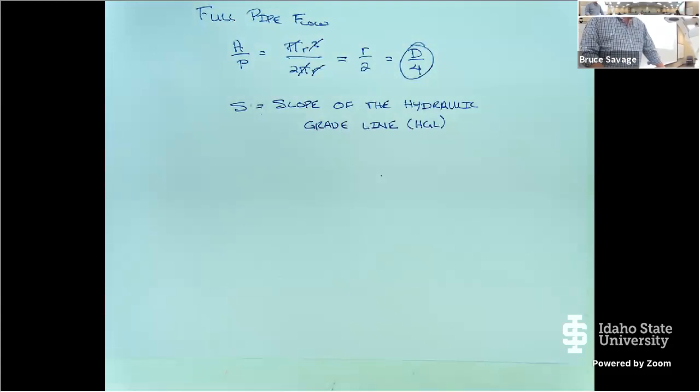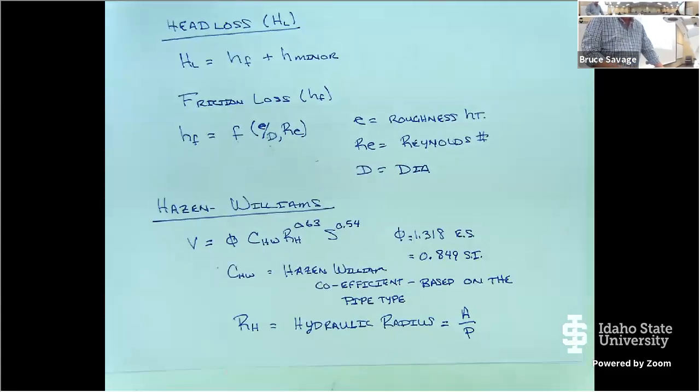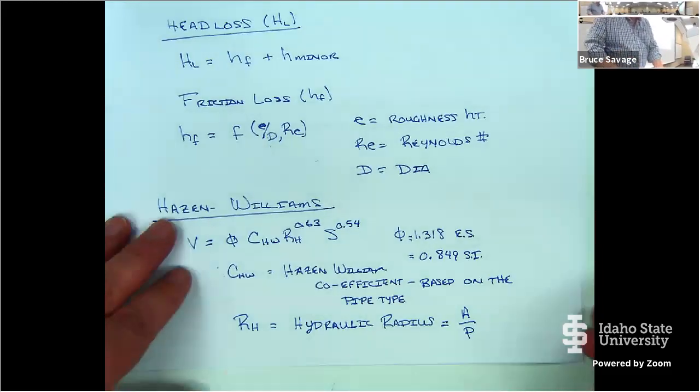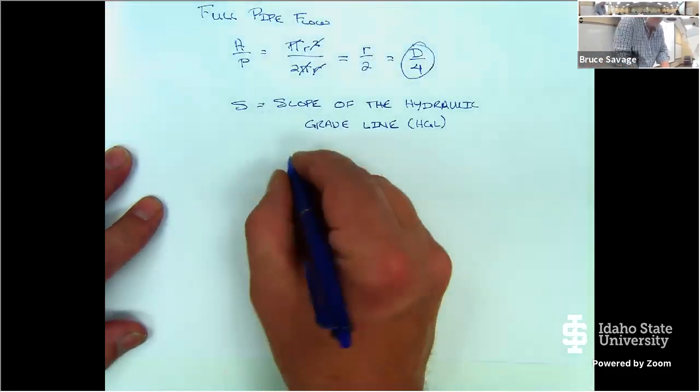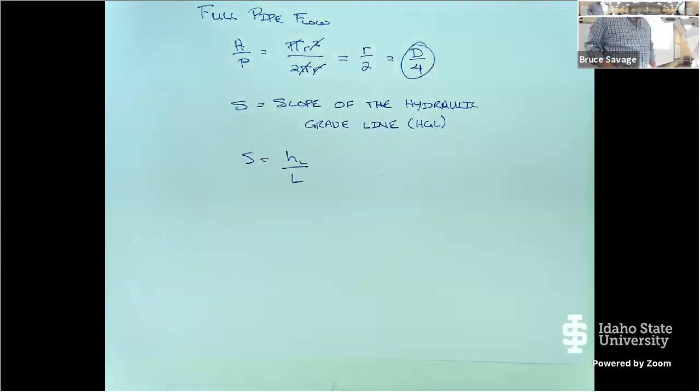Now, if I have a pipeline and I'm trying to find the head loss across my pipeline, how do I do that? Come back to this equation, head loss is not in that equation. If I'm trying to find how much pressure I lose from point A to point B in my pipeline, it's not there. It's not explicitly in the equation. So that's where you need to understand the concept of what S is. S then becomes the head loss per length.